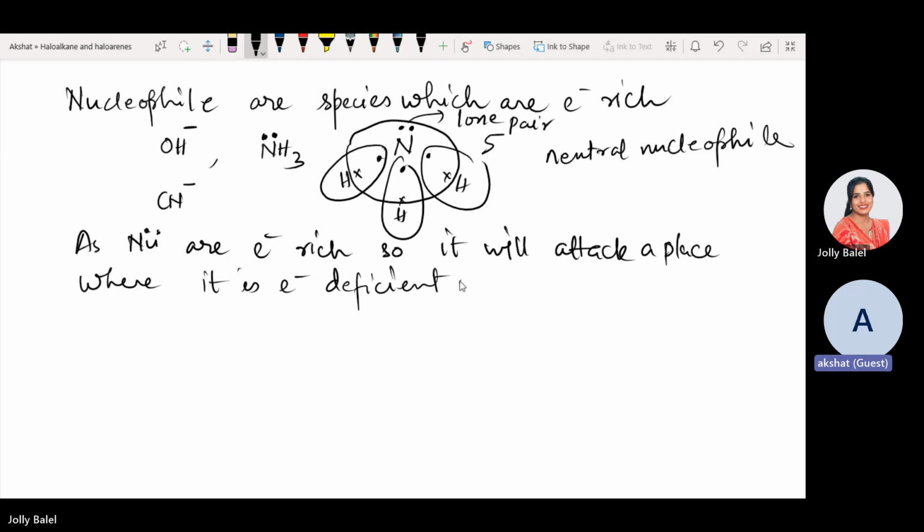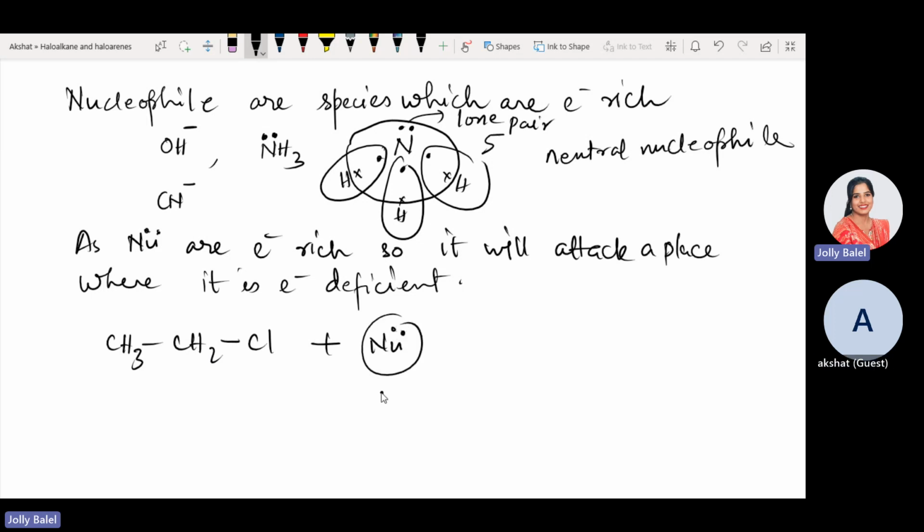Understood? Okay. Now, suppose this is your alkyl halide, and let this be your nucleophile. It can be CN minus, can be OH minus. Now, which is the most polar bond? We have discussed polar bonds earlier also.